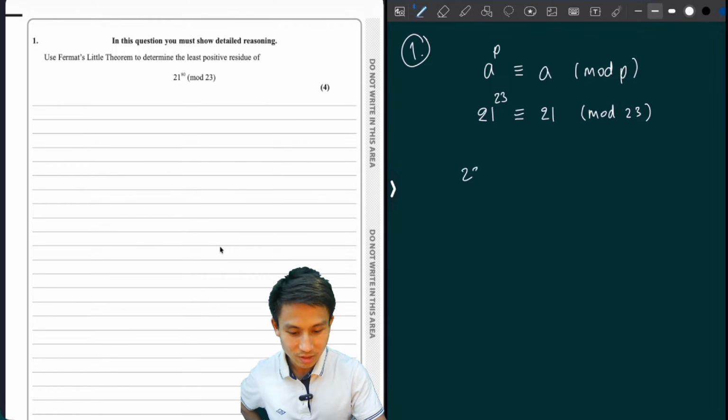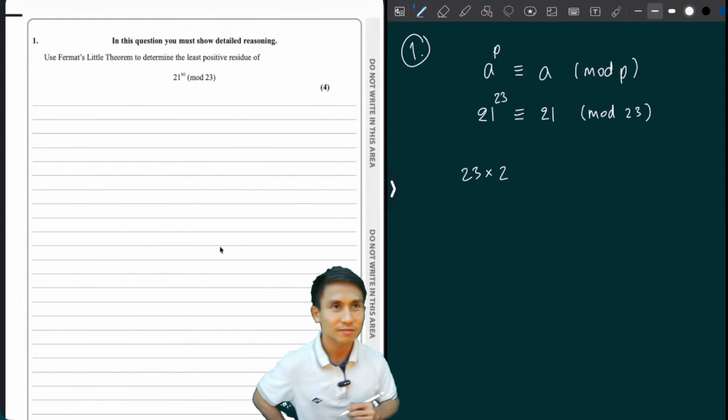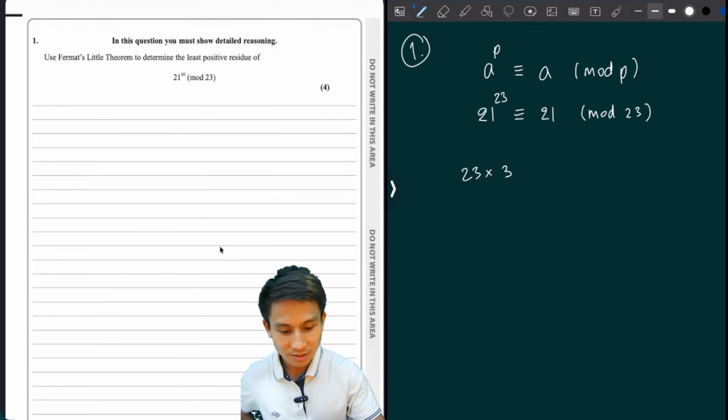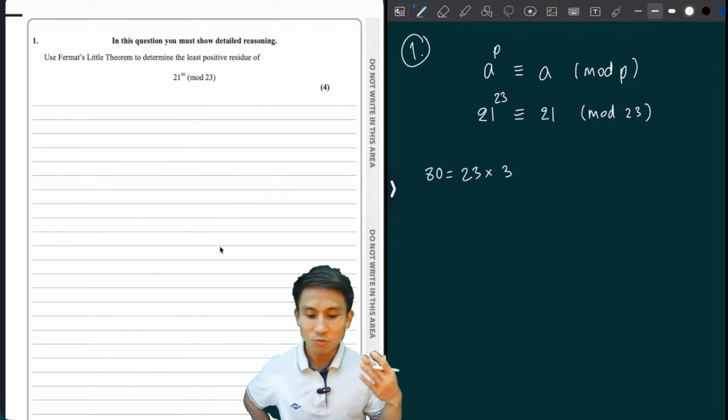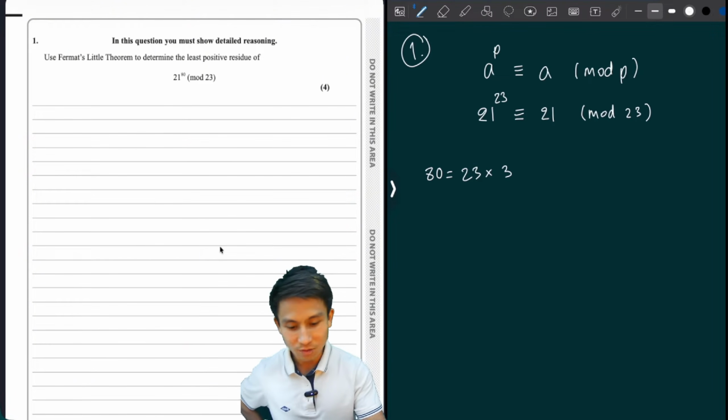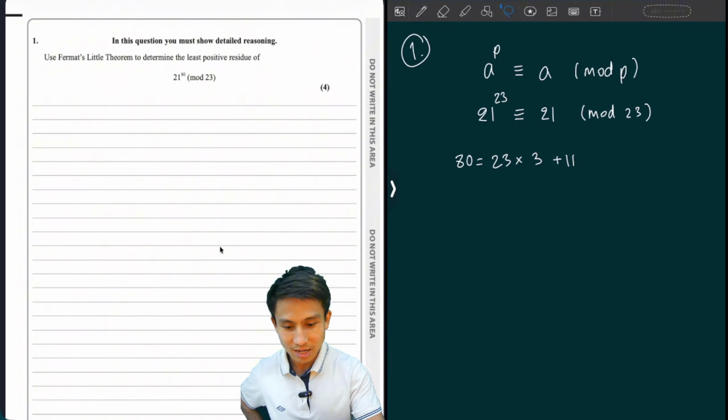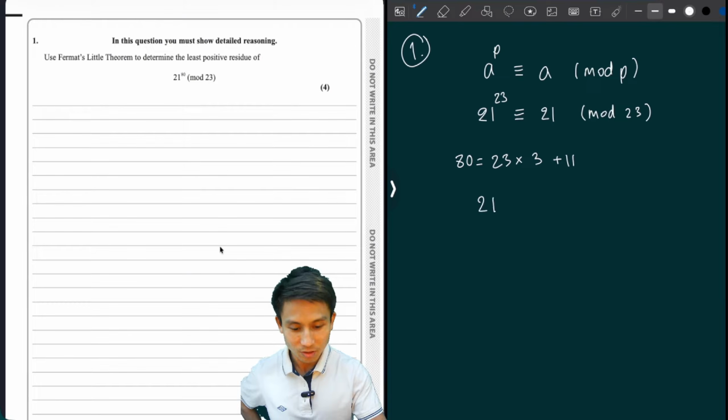So we need 23 2 times, or actually 3 times. Yeah, so 80 equals 23 times 3, and that would make 69, and then if we add 11, we're going to get 80, right?